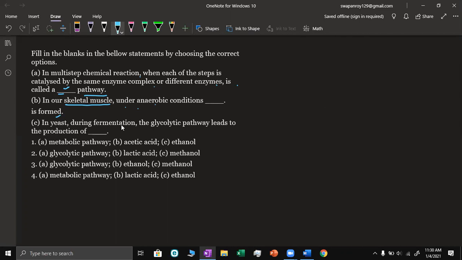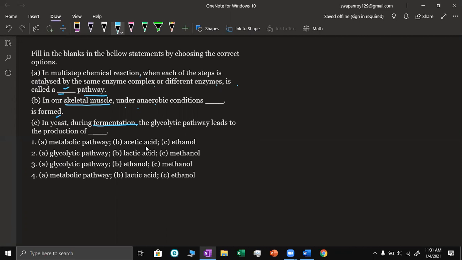In yeast, during fermentation, the glycolytic pathway leads to the production of what? For A, B, C, the words are given, but you have to choose the correct sequence and correct word.